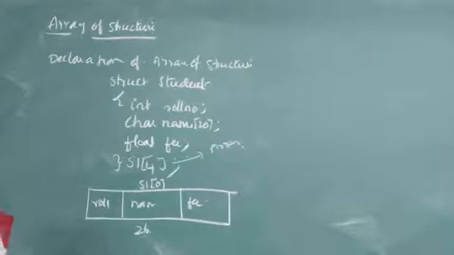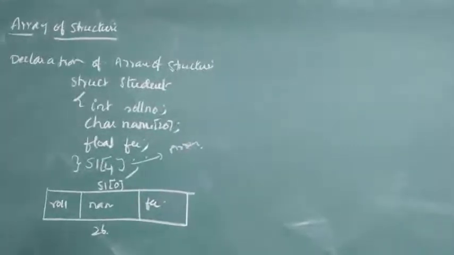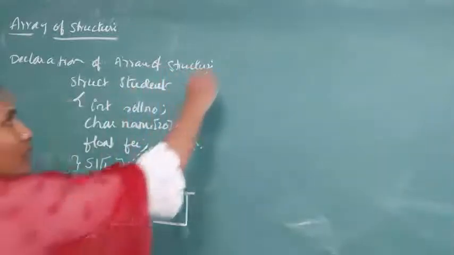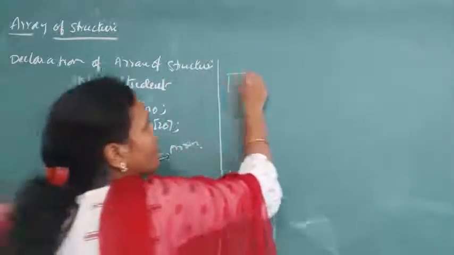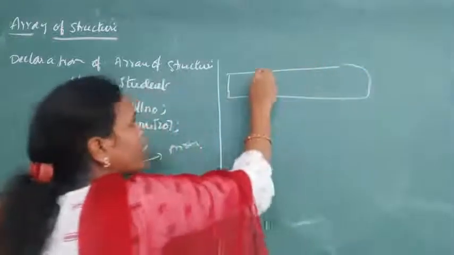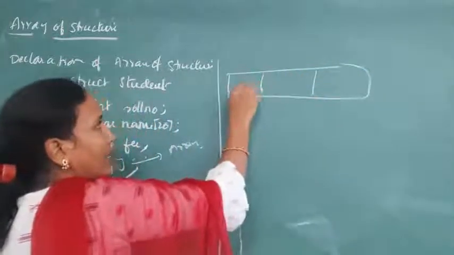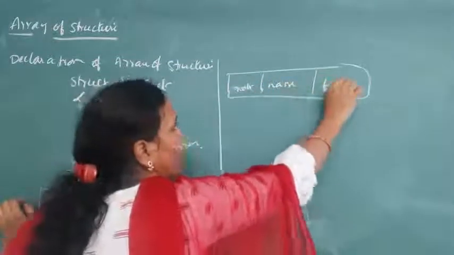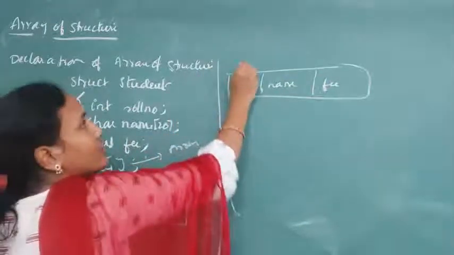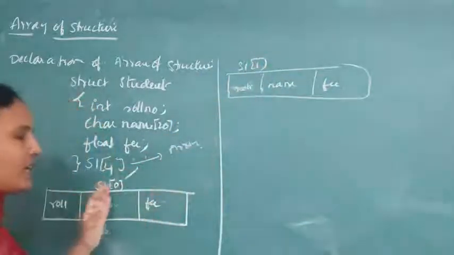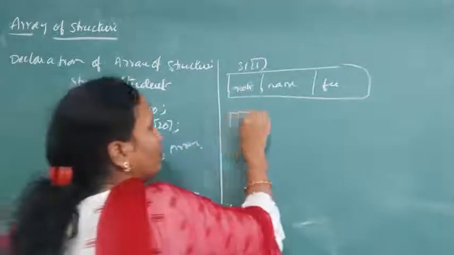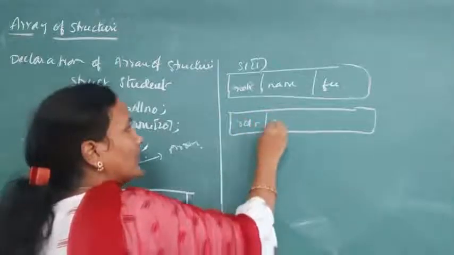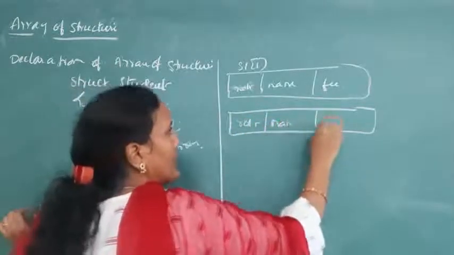Now come to the second student. Because here how many students did we declare? 4. Now this is the second student. Second student also the same: roll number, name, fee of the student. This is S1[1] because array index starts from 0. Now third student: roll number, next name of the student and fee of the student.